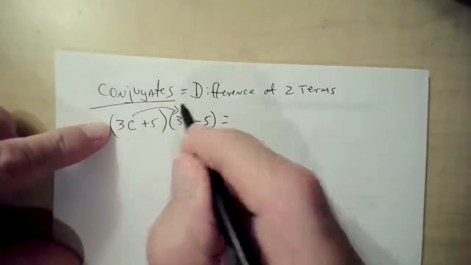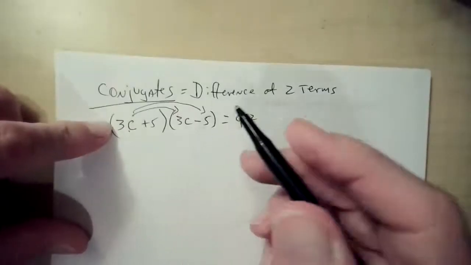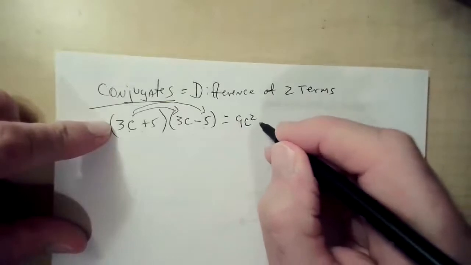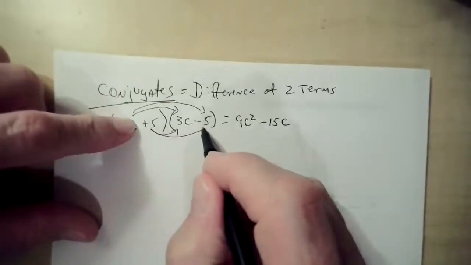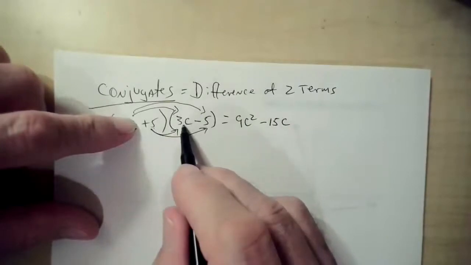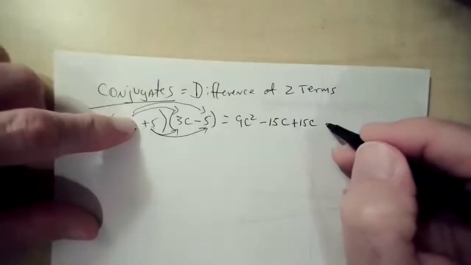First, the 3c times 3c is 9c squared. Very good. 3c times negative 5 is negative 15c. Now we're going to do the same thing with the 5. 5 times everything over here. 5 times 3c is positive 15c. Very good. And 5 times the negative 5 is?